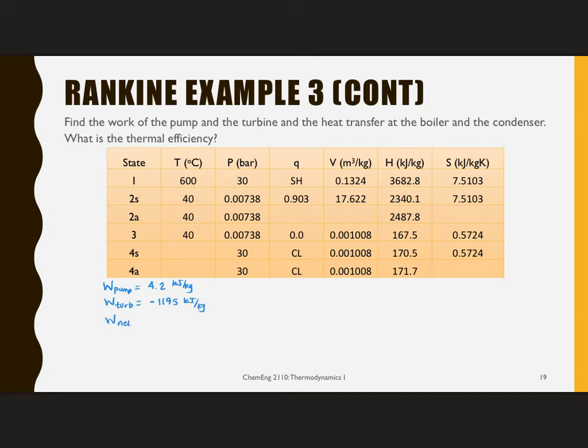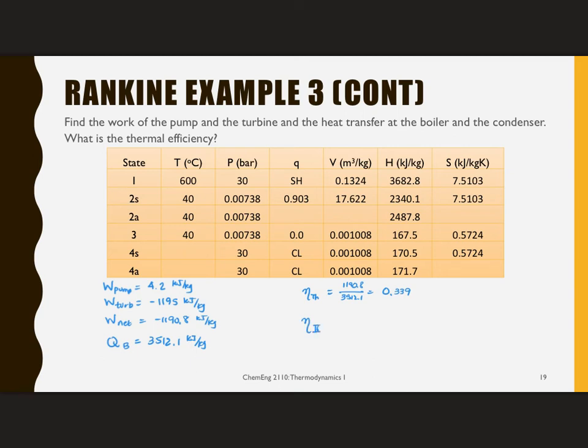The net work, therefore, is negative 1190.8 kilojoules per kilogram. Q for the boiler is 3512.1 kilojoules per kilogram. The thermal efficiency of this cycle is 1190.8 over 3512.1, which is 0.339.